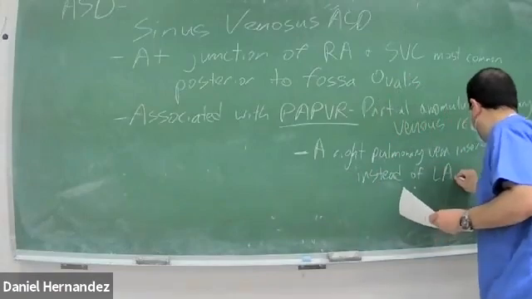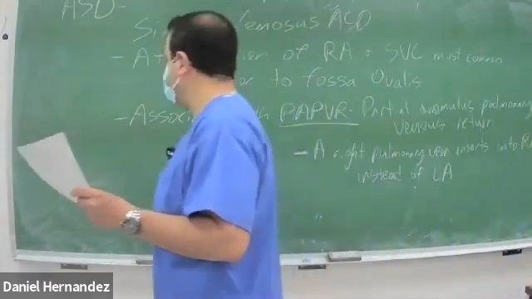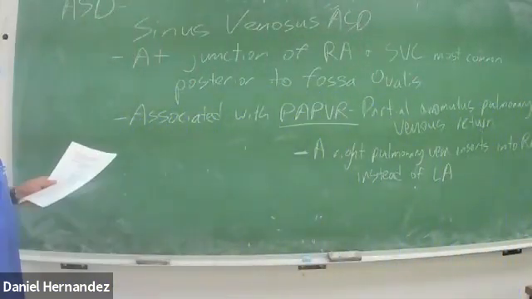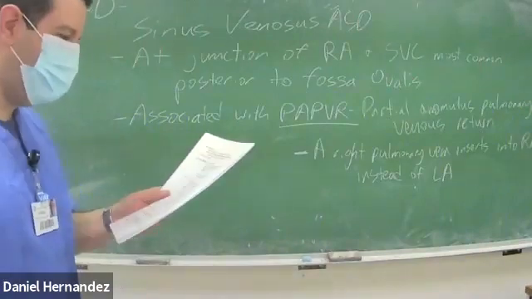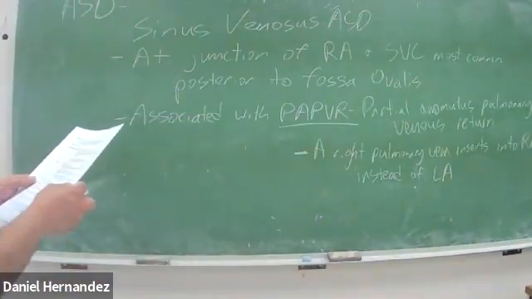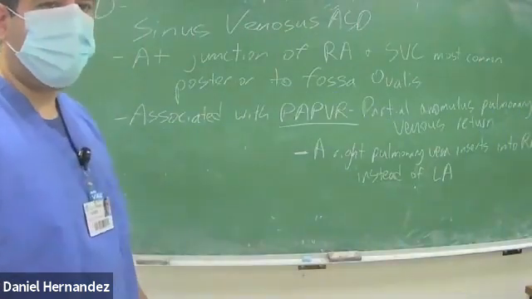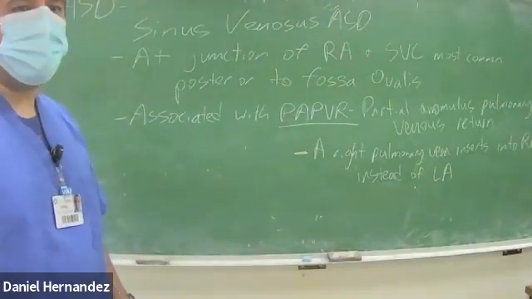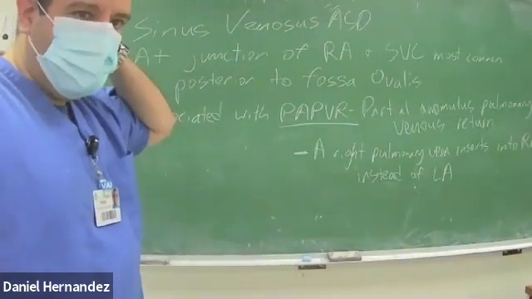So one of the right pulmonary veins now inserts into the right atria instead of the left atria. It's typically the right upper pulmonary vein.